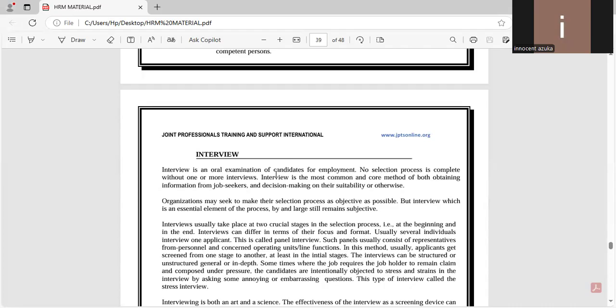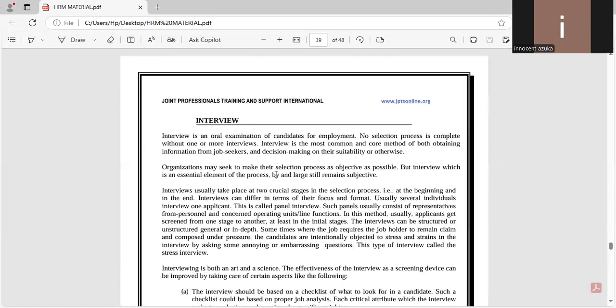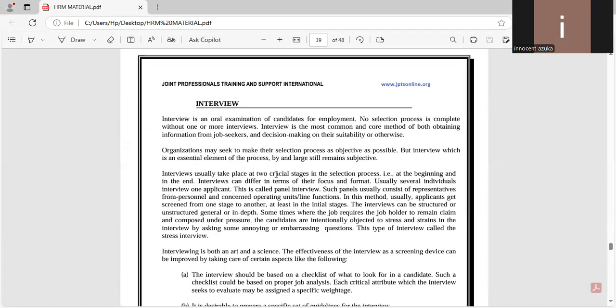So interview is the most common and core method of both obtaining information from job seekers and decision making on their suitability. So the organization may seek to make that selection process as objective as possible.